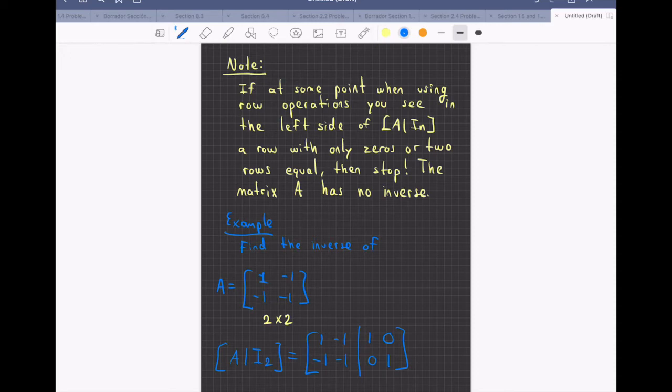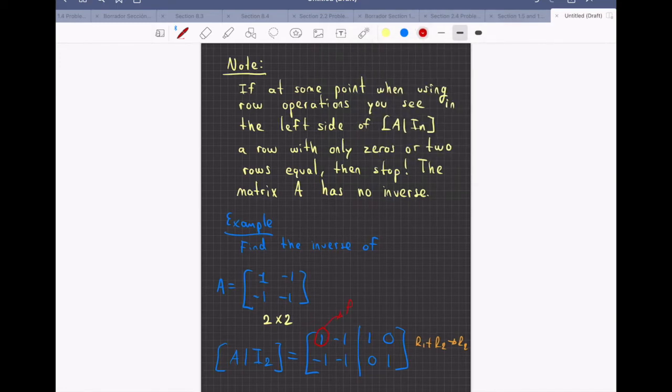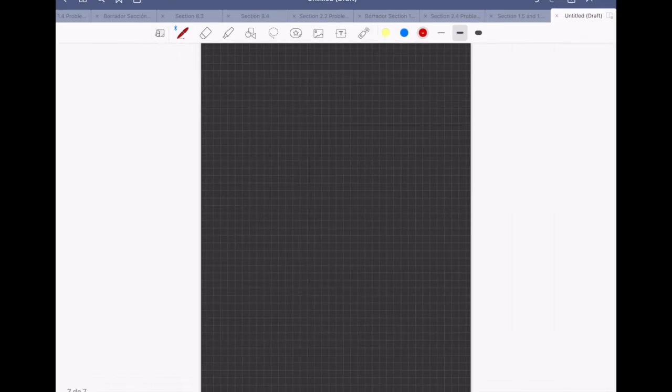Now we have to apply row operations. We need to turn this side into this side. First, I will turn this into 0. The first operation I can do is row 1 plus row 2 replaces row 2. If you want, you can say that this one is going to be the pivot. So what do we have here?